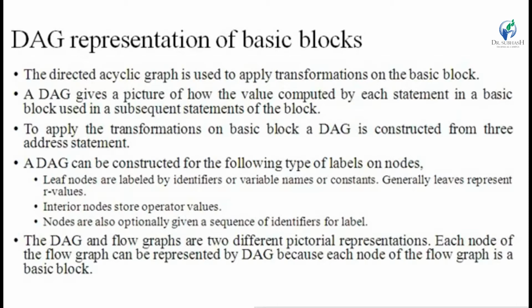Third, nodes are also optionally given a sequence of identifiers as labels. The DAG and flow graphs are two different pictorial representations. Each node of the flow graph can be represented by a DAG because each node of the flow graph is a basic block.